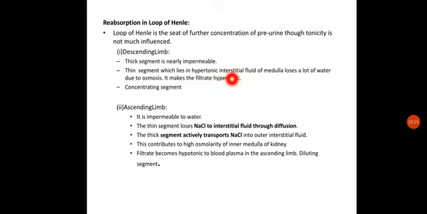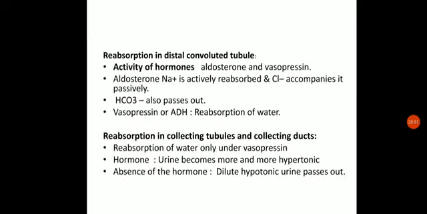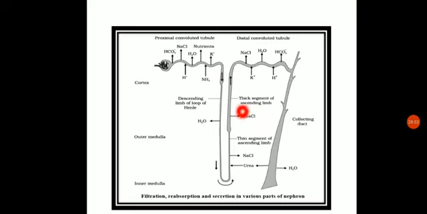In the descending limb, there are two segments, the thick segment and the thin segment. Write it down: the thick segment is almost impermeable, so it does not take part much in reabsorption. But the second part, the thin segment, lies in the hypertonic interstitial fluid of the medulla. See here, this is the thin segment.